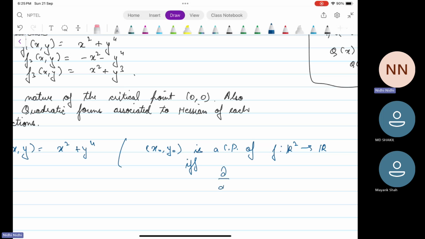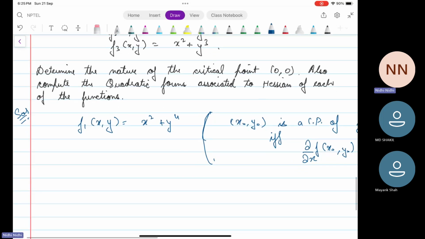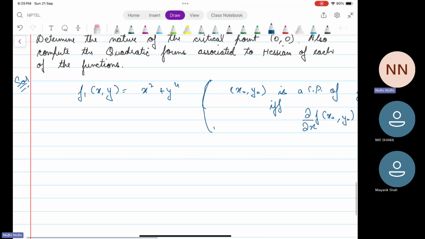That means del f by del x at (x naught, y naught) is equal to 0, and simultaneously del f by del y at (x naught, y naught) is equal to 0. Here, the partial derivatives will be 0 only at the origin. Clearly, (0,0) is a critical point of f1.